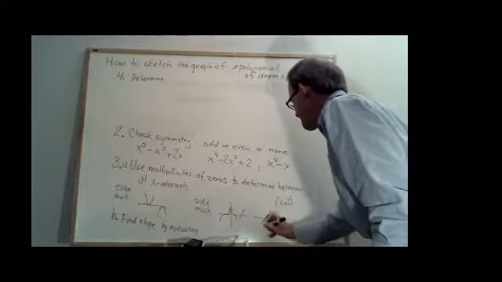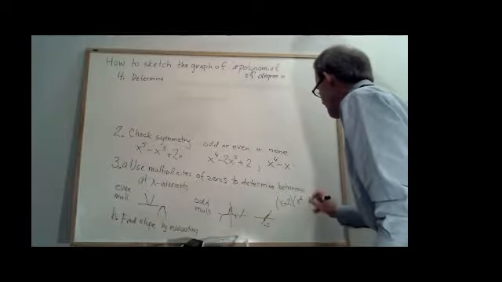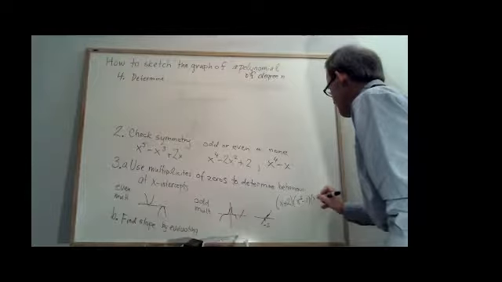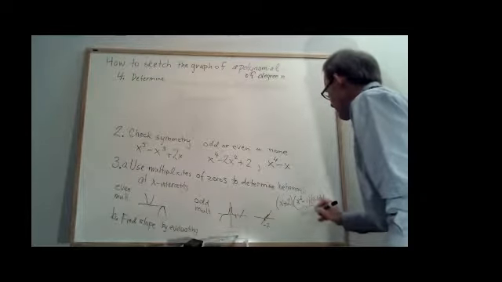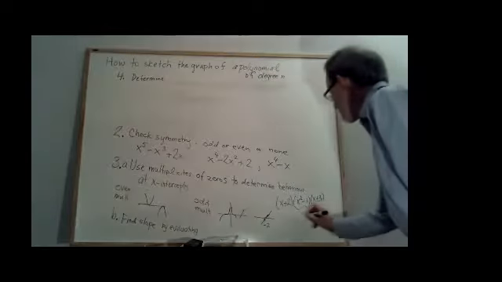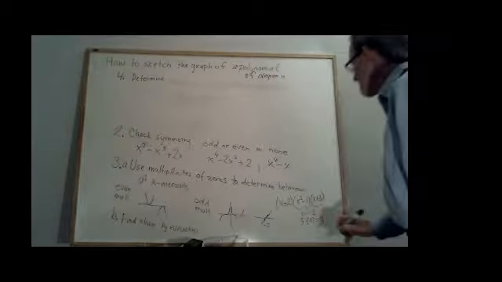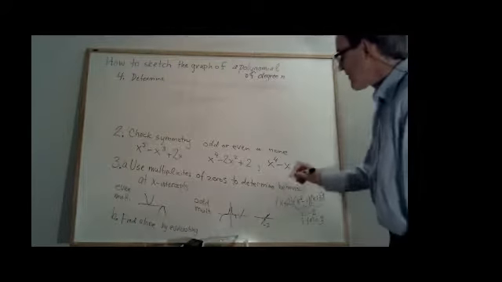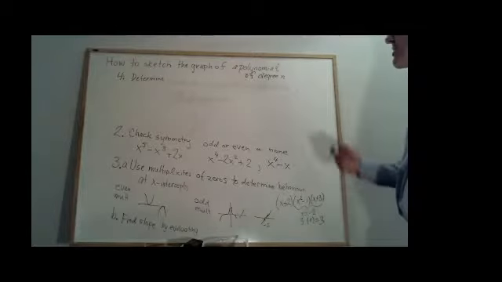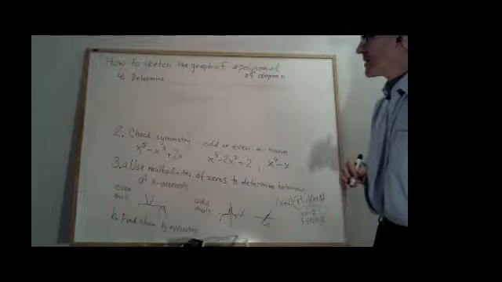Say this is -2. The root's there. And whatever it is outside, x plus 3 or whatever, you just evaluate that at x equals -2. So here we get 4 squared minus 1, 3 times 1 is 3. All right, so you get a slope of 3 there. So it tells you whether the graph is going up or down through that point. So it's useful for determining what the graph looks like.